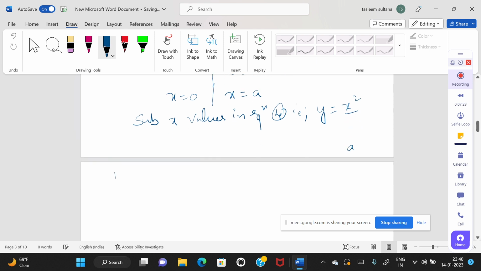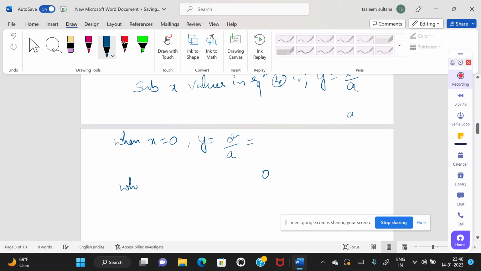When x is equal to 0, y is equal to 0 square by a, which is equal to 0.